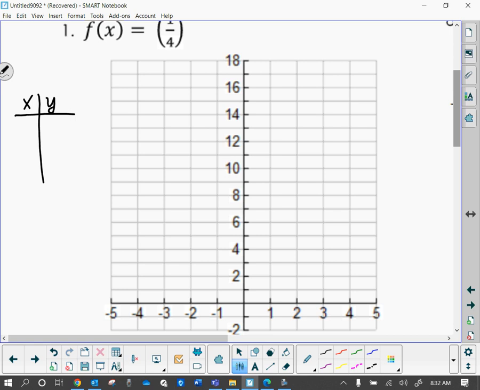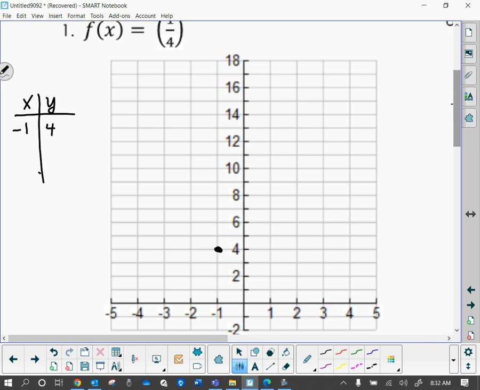Okay, it looks like some points start around -1, sorry. So when you look at your table, when x is -1, what is y? 4. So we've got the point -1, 4.